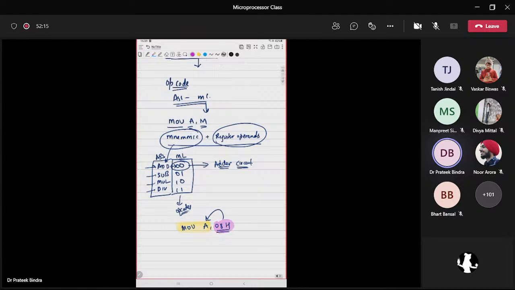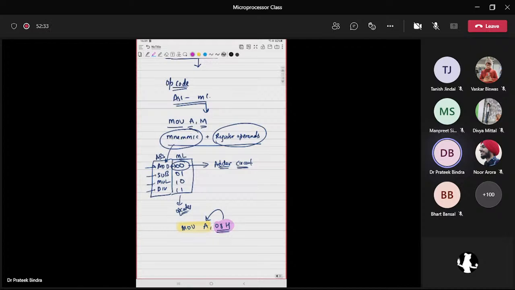Someone can write 09, someone can write 10, 11, 12. So we can't give a code for every data value. We can't give an opcode for the data values and the address value. We can only give opcodes to mnemonics and registers.